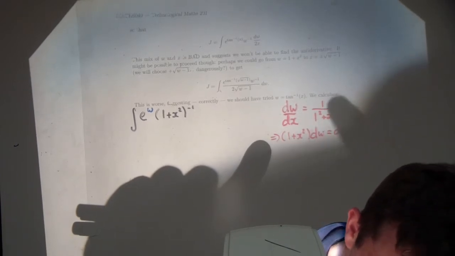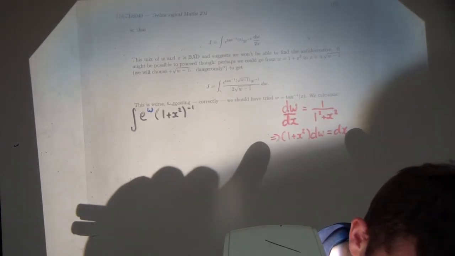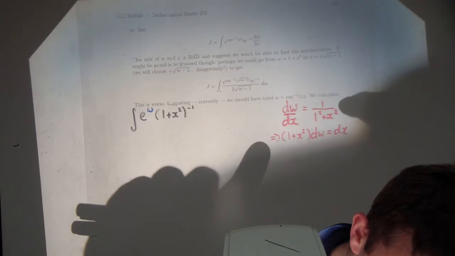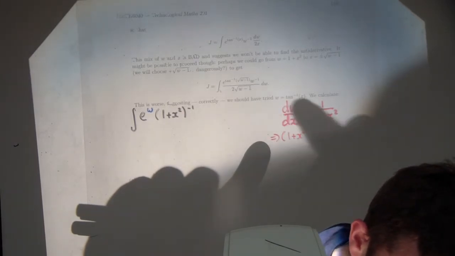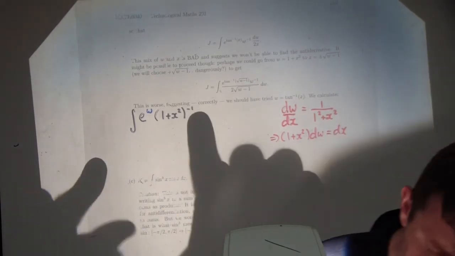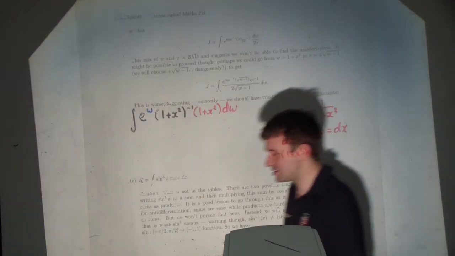So multiply both sides by dx, it'll be gone here, 1 by dx is dx, multiply both sides by 1 plus x squared, 1 plus x squared divided by 1 plus x squared, it's gone, and I have 1 plus x squared times dw. So the dx that was here is equal to 1 plus x squared times dw. And this is the thing where actually if you didn't do the minus 1 you'd be in better nick here.